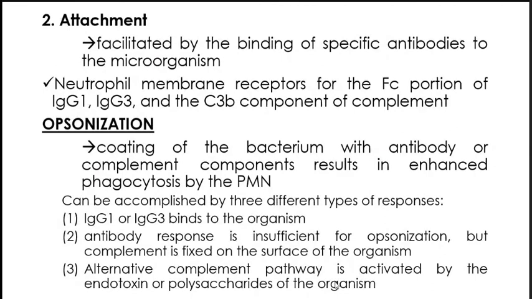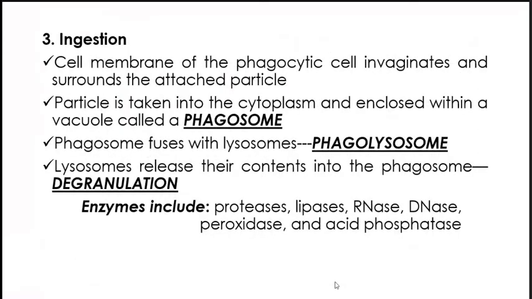And this can be accomplished by 3 different types of responses: through the IgG1 or IgG3 binding to the organism, or the antibody response is insufficient for opsonization but complement is fixed on the surface of the organism, or it can be also through the alternative complement pathway that is activated by the endotoxin or polysaccharides of the organism.